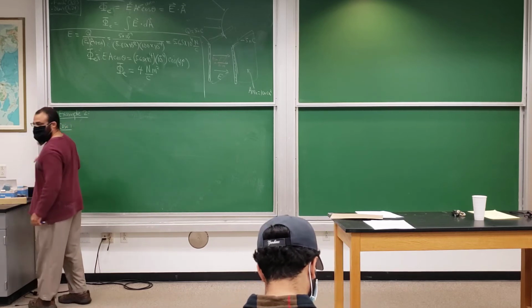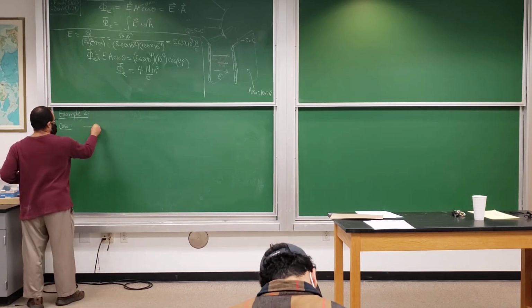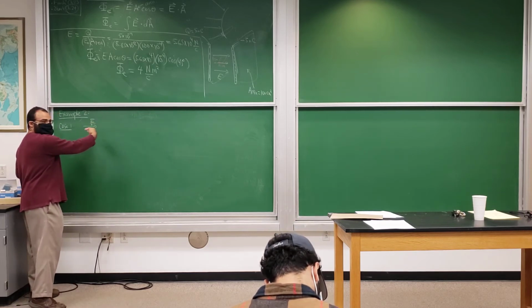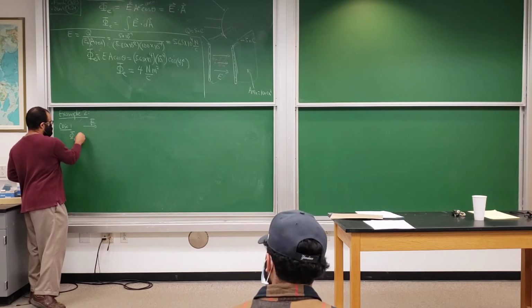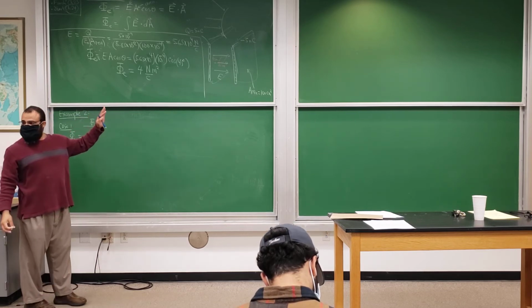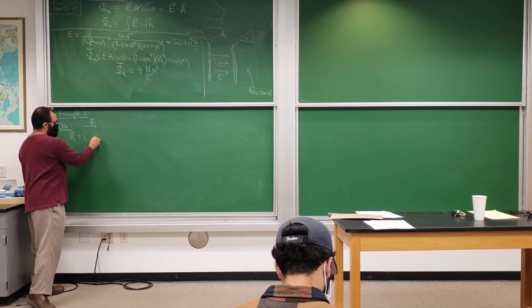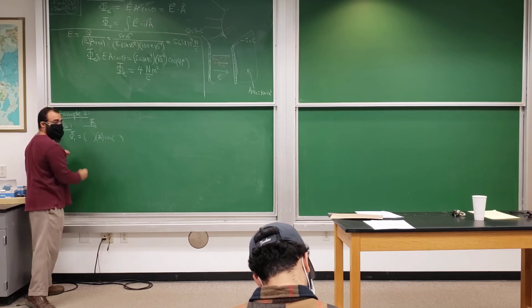So case one, we have an electric field of E over 2 going that way, and my area is this way. So I would have the flux, let's call it phi 1. And it's constant, there is no integral in this case. So it would be the electric field times the area times the cosine of the angle between them.